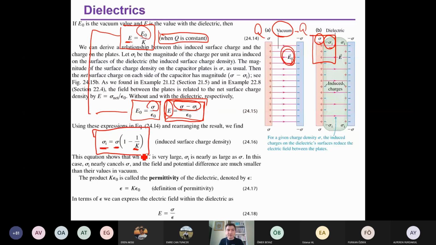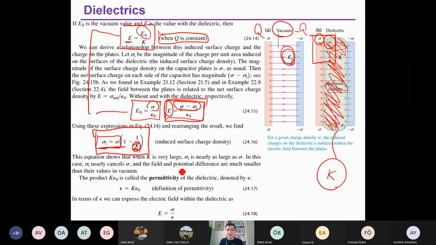And what do you see here? K is the property of this dielectric material, the dielectric constant, and if this K is a very large number, then what will happen? This sigma I will be nearly equal to sigma. Then they cancel each other and the potential differences are much smaller than their values in vacuum.